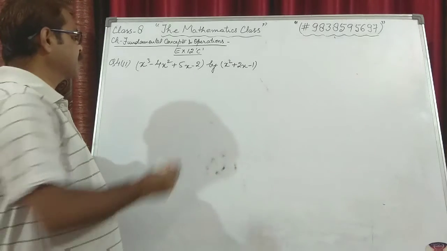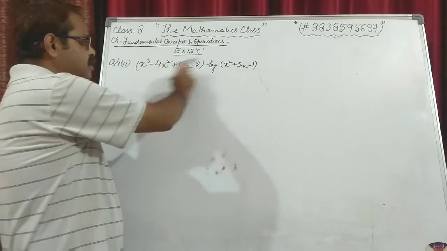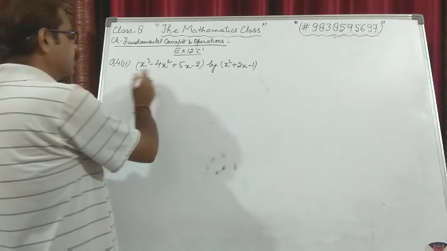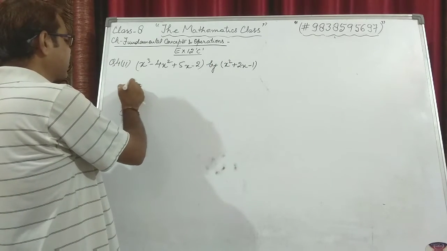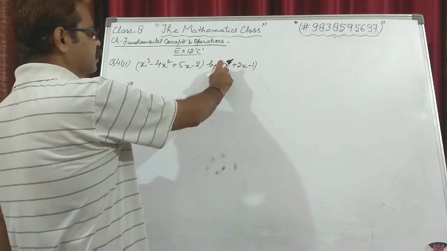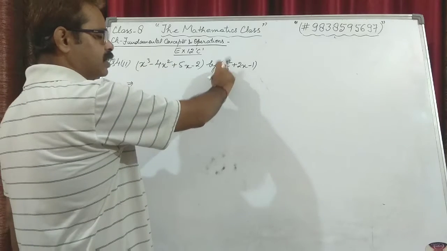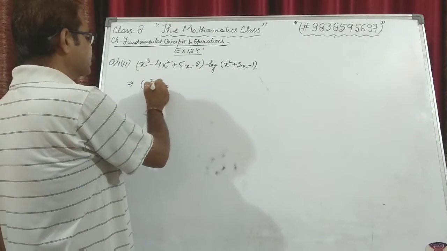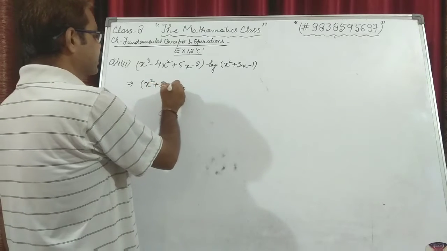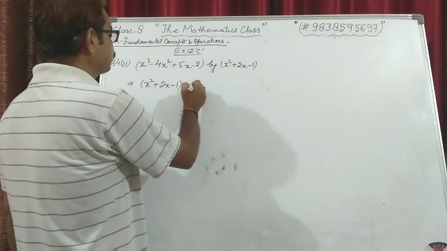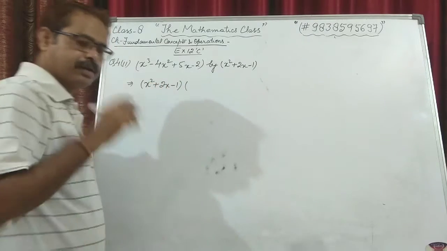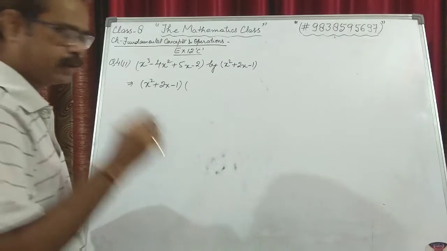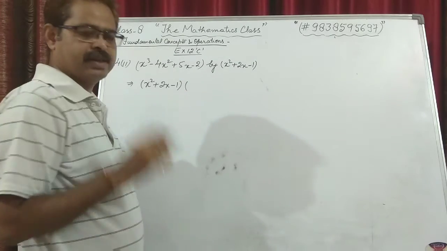Now in this, we have to multiply this by this. We all know that when we multiply, each term of one bracket is multiplied to each term of the second bracket. So simply we can write it as x square plus 2x minus 1, into, either you write it or you don't write it, either you put a cross in between or you put a point in between, it all means multiplication.